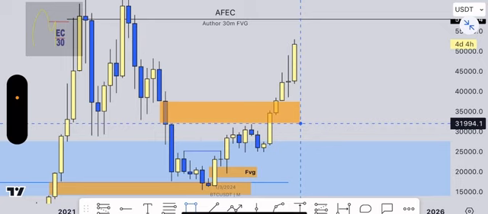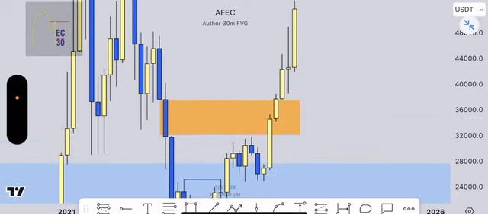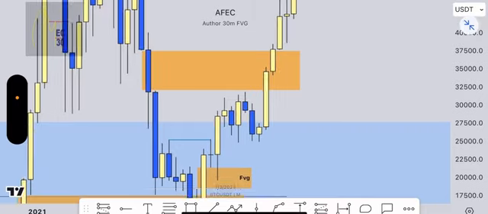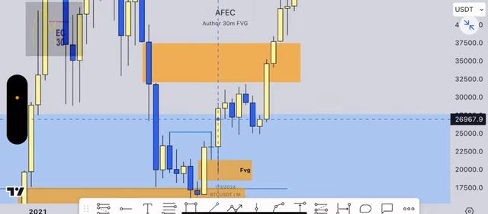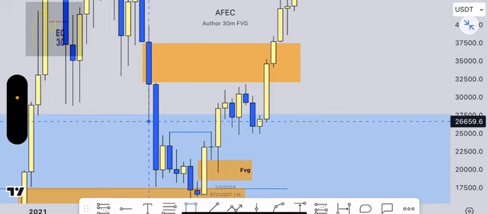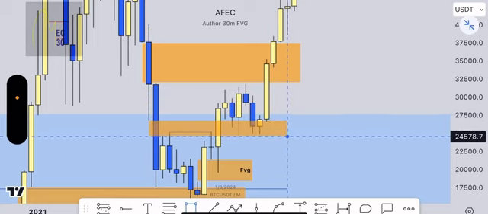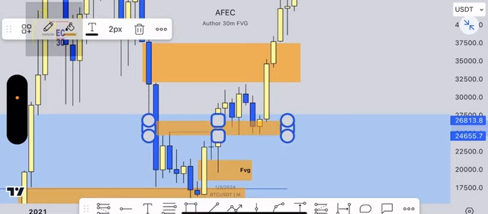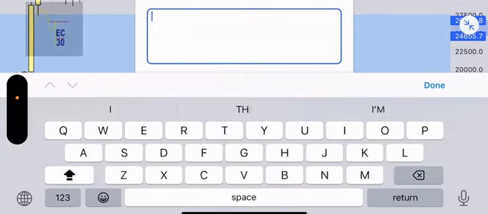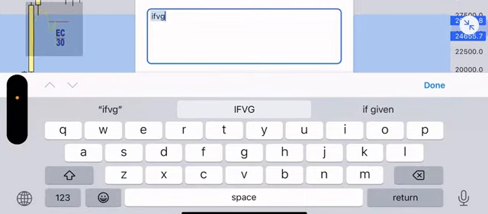If we don't have a closure above it, then we won't expect higher prices, okay? Don't forget about here also we have this, but then we have a full closure above this fair value gap, and it then turned out to be an inversion fair value gap.